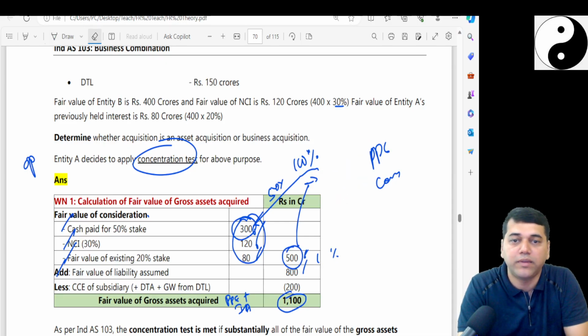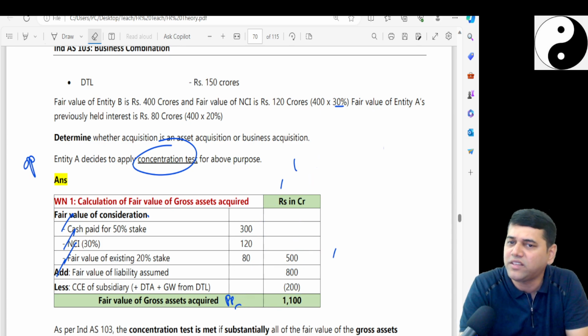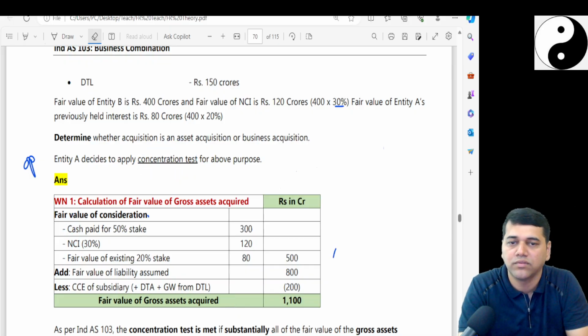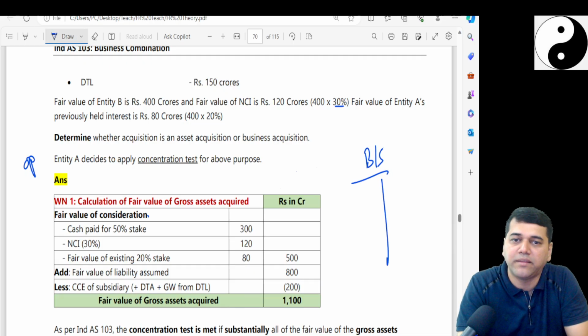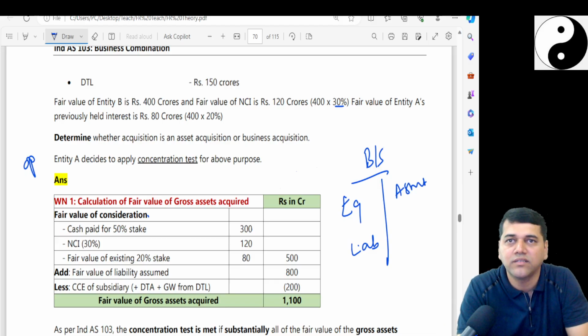I'll re-explain again. Please understand this, because it is a little tricky. Once you understand, it's simple and very clear. I have a balance sheet, somebody's balance sheet. What components will you find? Equity, liability, and assets.